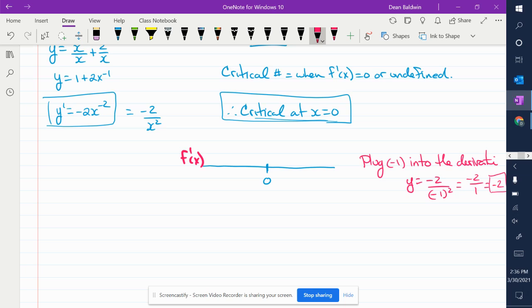What do I care about? That it's negative, right? Because we're talking about the derivative being negative. What does it mean if the derivative is negative? It means the slope is negative, so the slope's going down, right? So the graph is going down, I should say. So that means the graph is decreasing. This is not the graph, this is my table. So I write f prime of x is negative on this interval, which means the graph is decreasing. Okay?